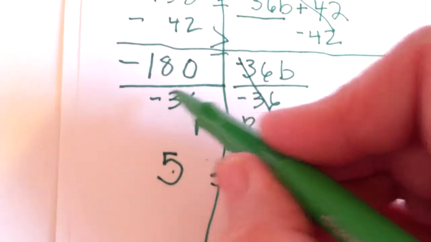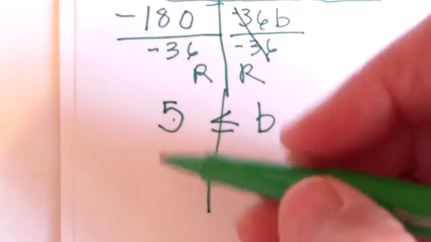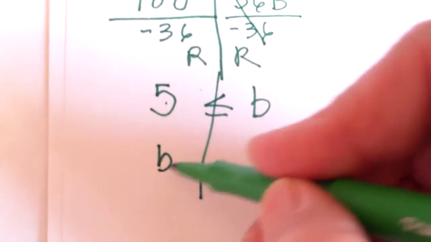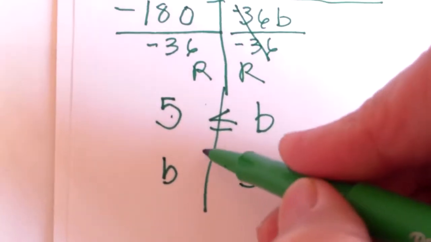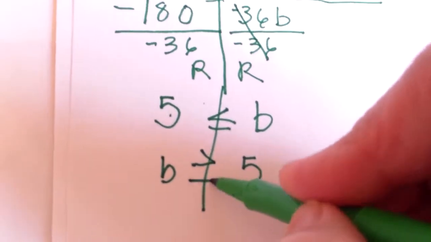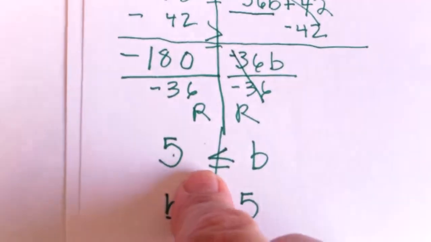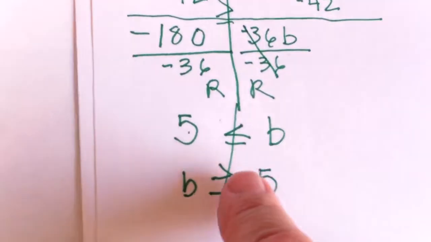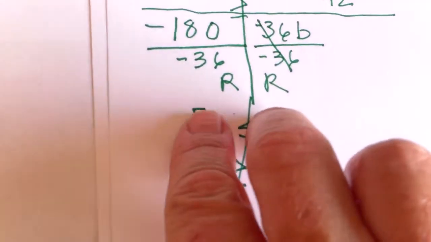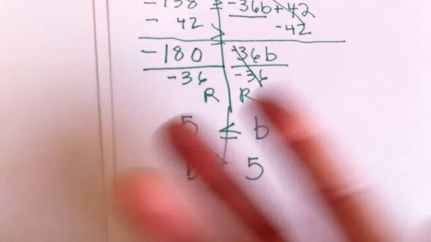And I flip my symbol because I divided, but I want my B on the left-hand side, so I'm going to flip the whole stinking thing over. So I started out with greater than or equal to. I turned it around because I divided by a negative, and now I'm going to turn around again because I want B on the left-hand side.